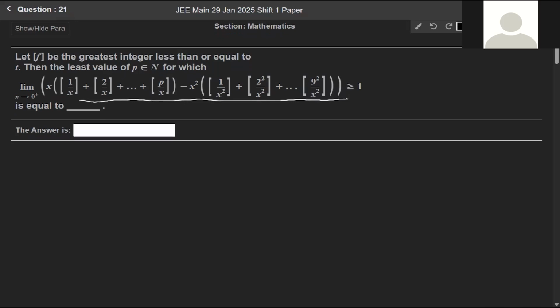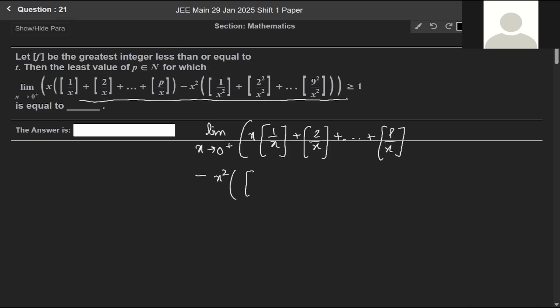So we are given the limit as x tends to 0 of x(1 over x plus 2 over x plus up to p over x) minus x square (1 over x square plus 2 square over x square plus up to 9 square over x square), and it is given that it is greater than or equal to 1.